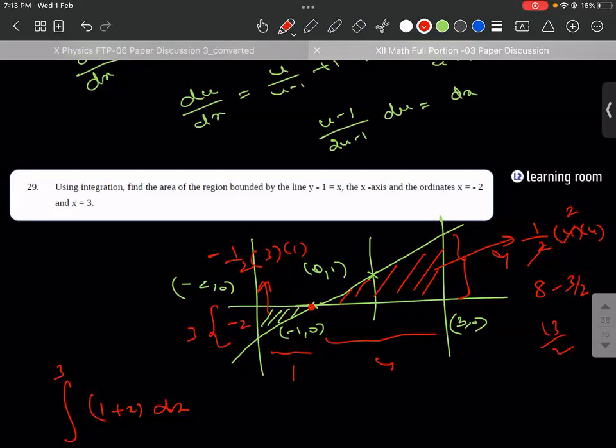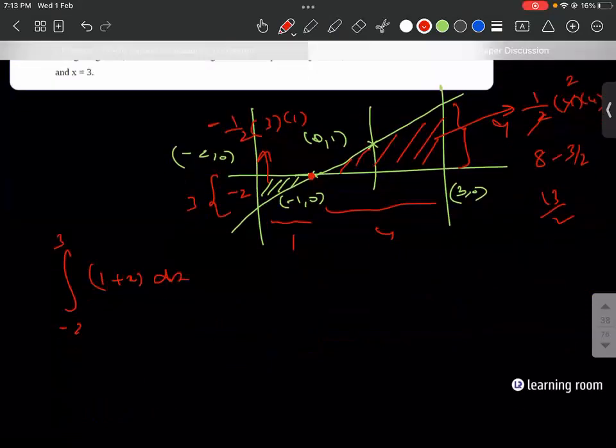Yes, sir. Now integrate this and tell me what is the answer you are getting. Okay, 1 minute. Sir, it's 15 by 2. You're getting 15 by 2. Yes, sir.